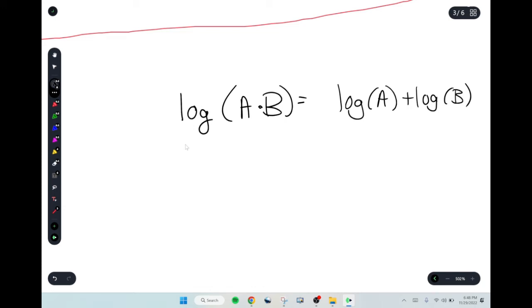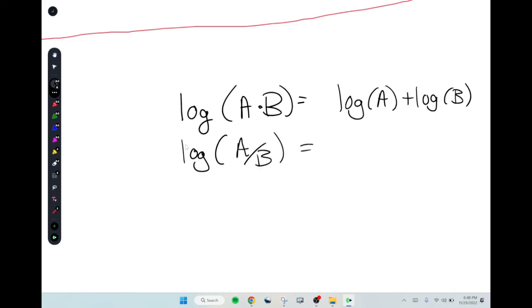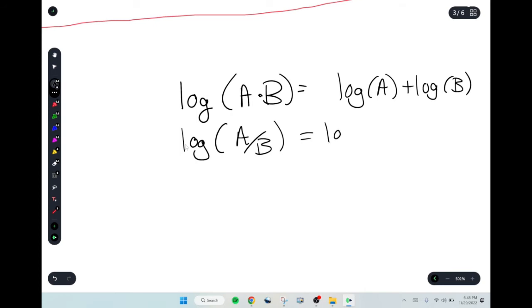Love it. So that means the second rule is probably log of a divided by b turns into, not a trick, log a minus log b.